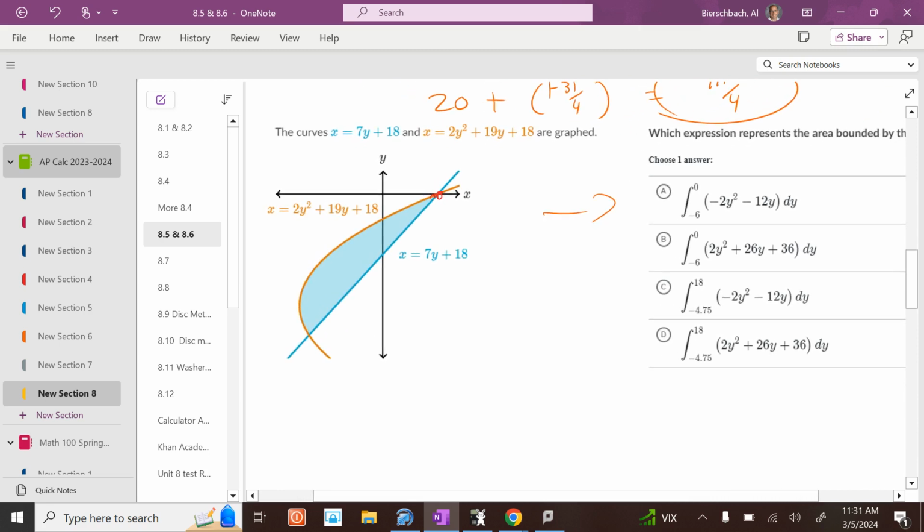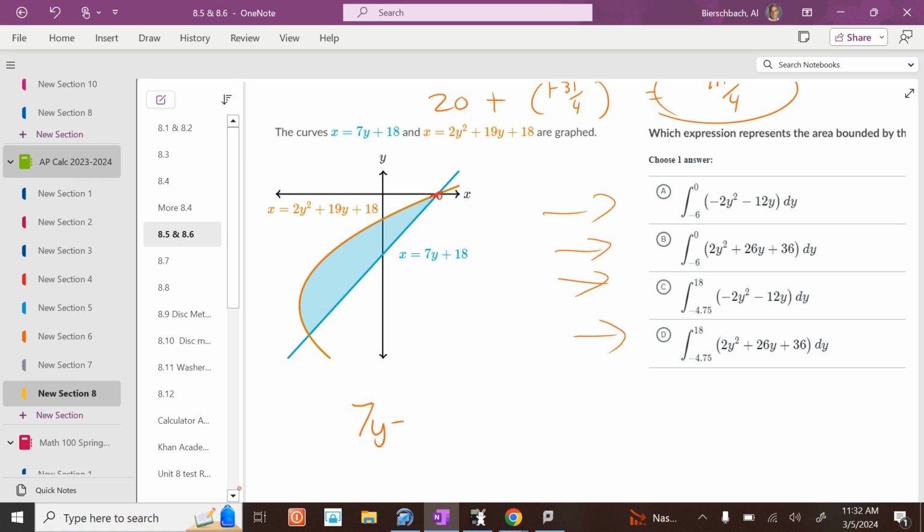Which one of these would it be? Now, this one's harder than the first one because they already do some simplification. So what are we subtracting from what? Nope, it's a blue minus the orange.